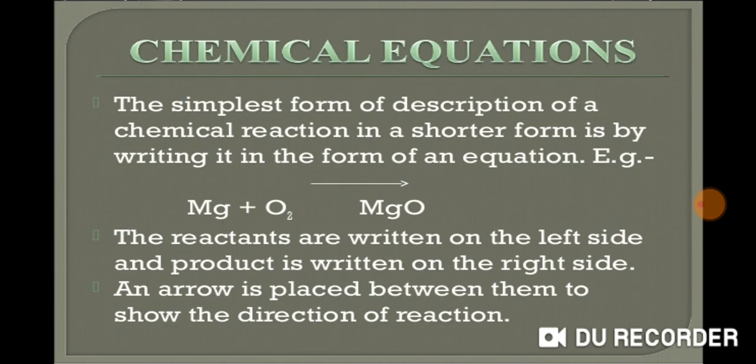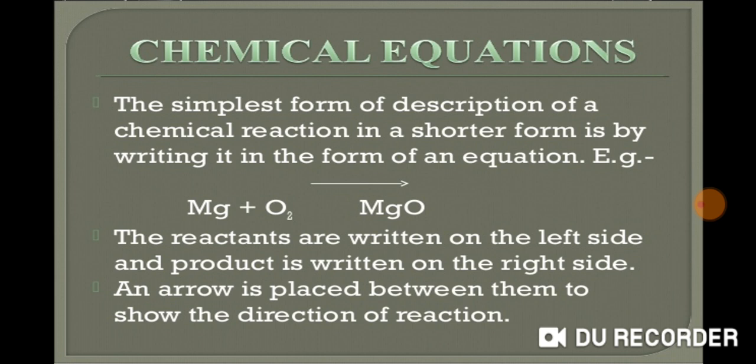Now the chemical equation. The simplest form of describing a chemical reaction in short form is known as a chemical equation, where the chemical symbols are mentioned, not the complete words. Mg stands for magnesium. O2 stands for oxygen.